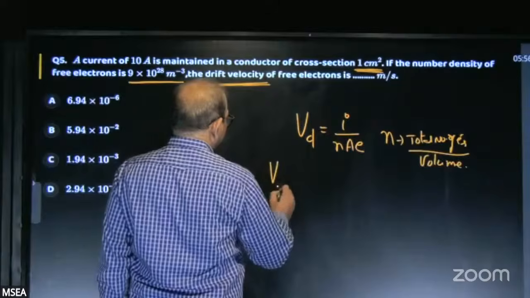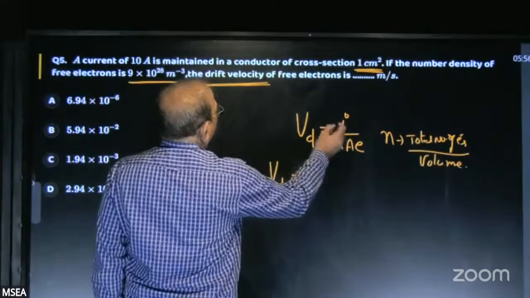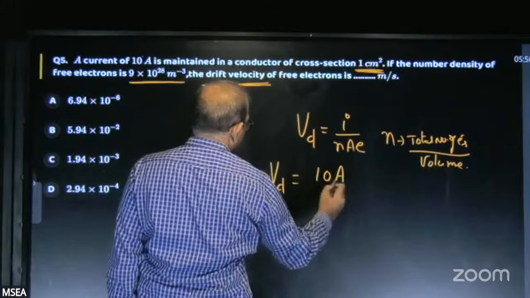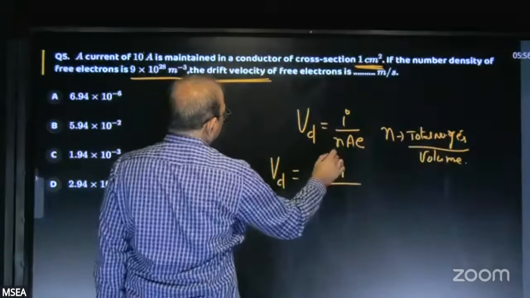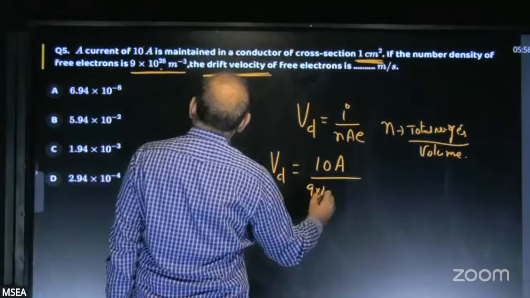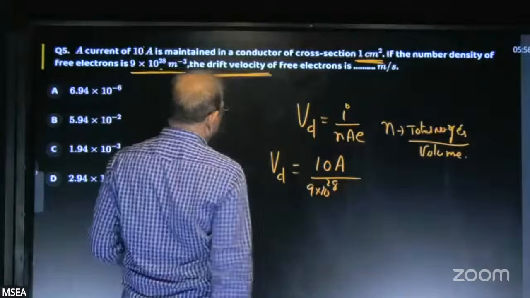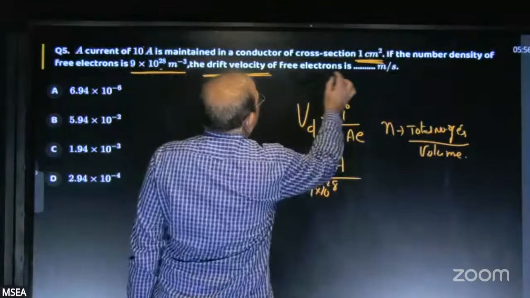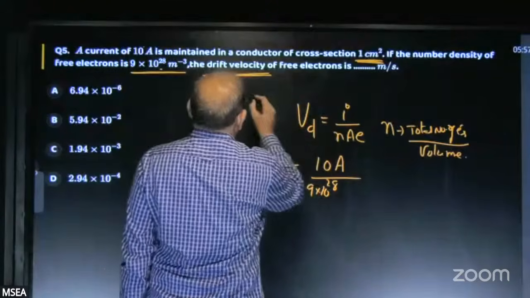Finish. Formula based: current 10 ampere given, 10 ampere by electron density 9 into 10 to the power of 28, SI unit only there. Area of cross section 1 centimeter square he gave.